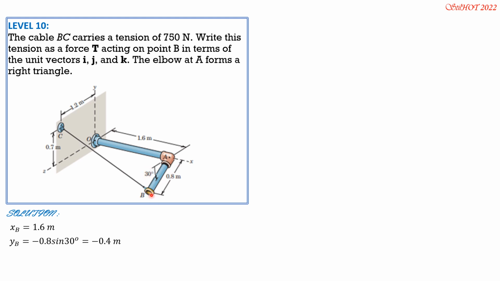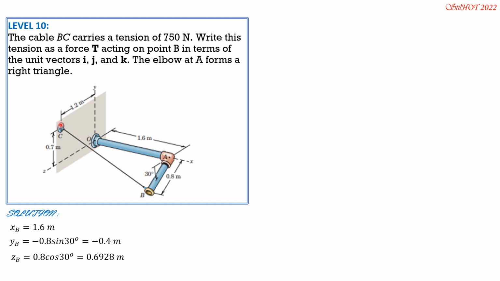While Z sub B, this is Z sub B, it is also forward 0.8 cosine of 30, Z sub B, this distance here. While this is YB, negative. So 0.6928. So we need to evaluate x sub c minus x sub b.